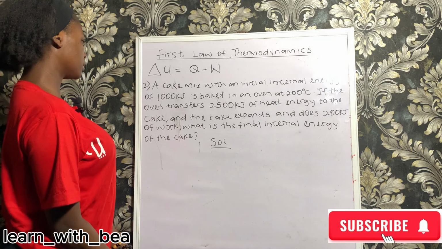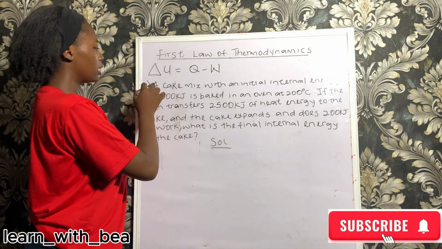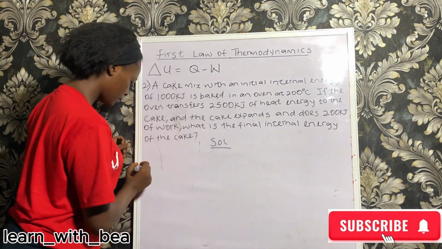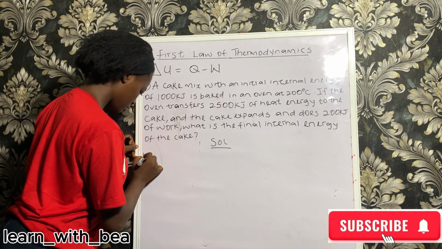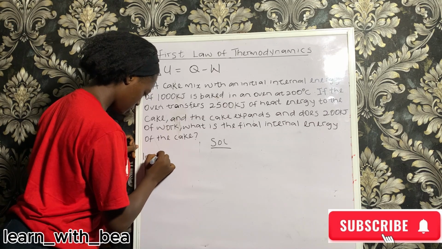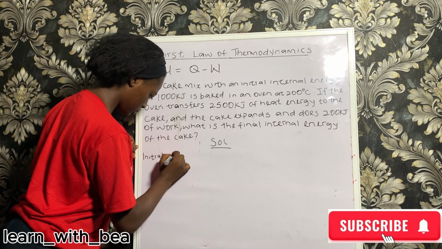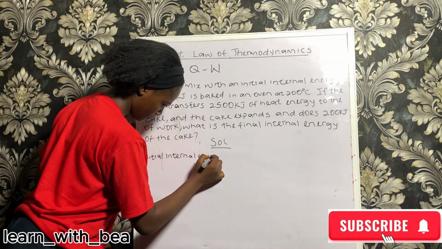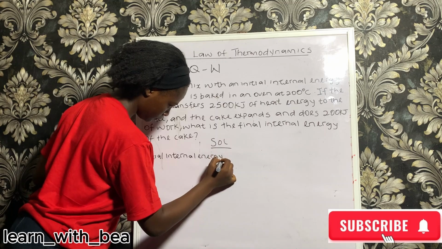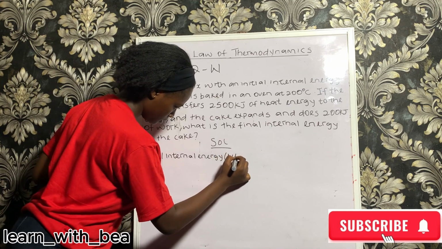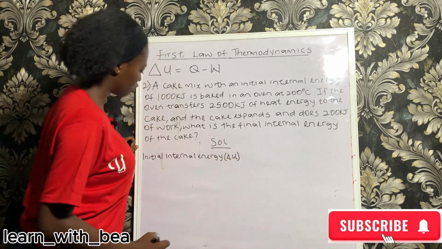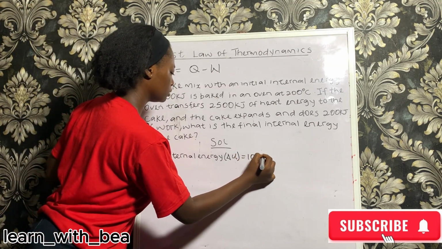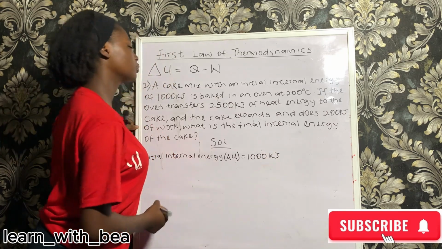So, the first thing, a cake mix with an initial internal energy. Let's use I to denote initial, which is 1000 kilojoule.